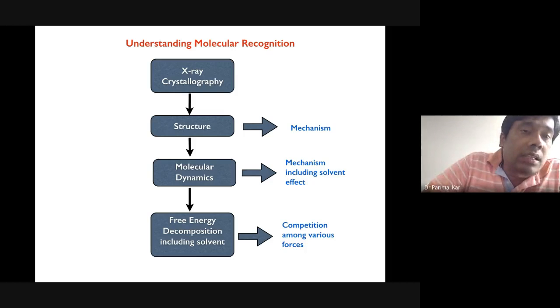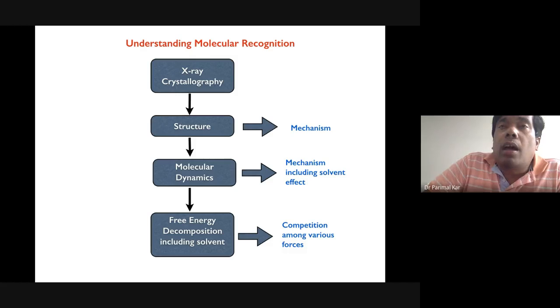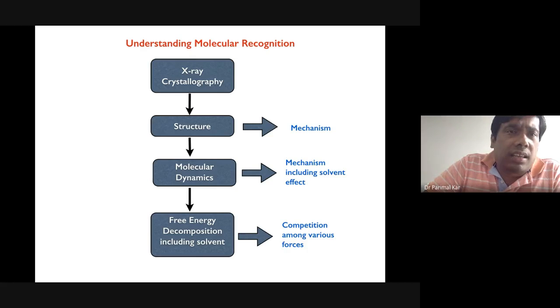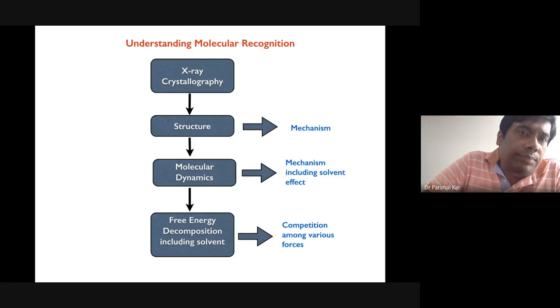But the question is, of this minus 10 kcal per mole, what is the contribution from van der Waals interactions? What is the contribution from electrostatic interactions? What is the contribution of entropy? Those things are missing. You cannot get that from experiment.